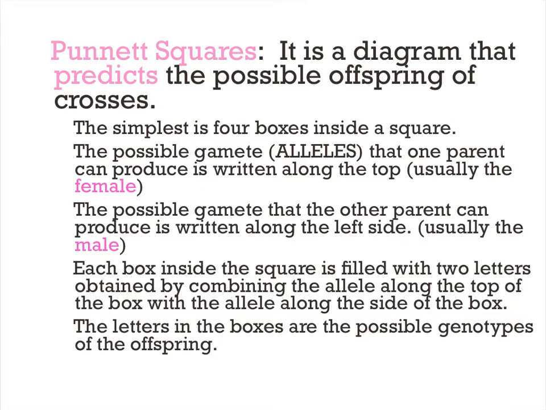So a Punnett square is just a diagram that predicts the possible babies of a cross, so the offspring of a cross. So I can do a Punnett square between 2 people and look at the possibilities of those 2 people's children. So the simplest Punnett square is 4 boxes inside of a square, and that is a monohybrid cross.